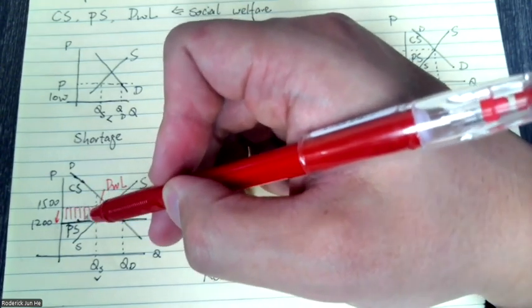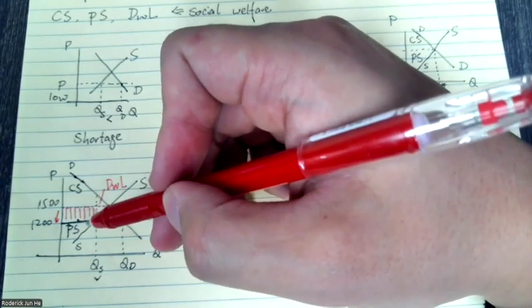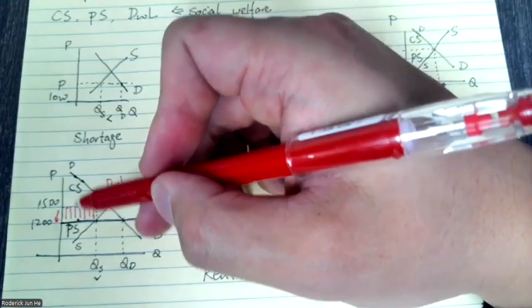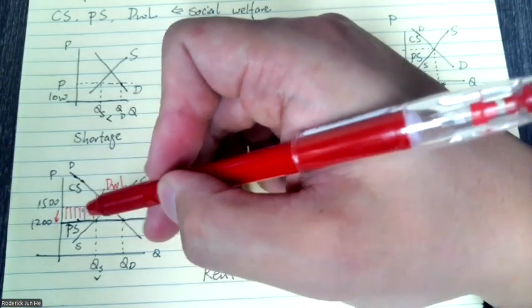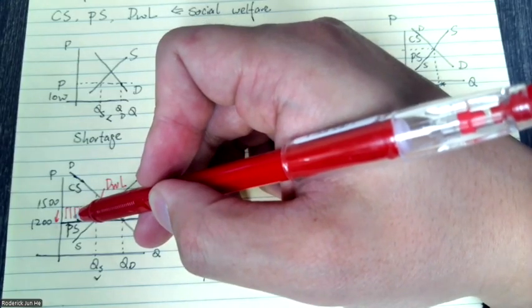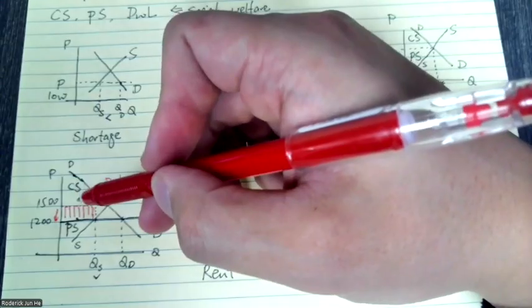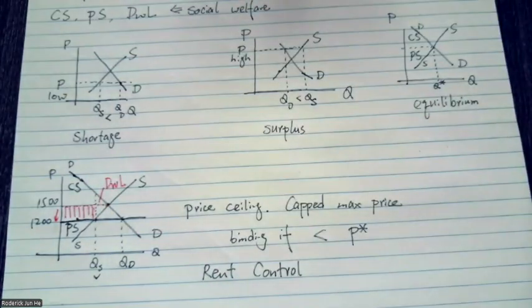Then each house that we rent, we lose $300, the difference. So the difference is the landlord's loss, it's the tenant's gain, right? That's why this welfare was transferred from the landlord, the producer, to the tenant, the consumer. So here we complete everything on the price ceiling.